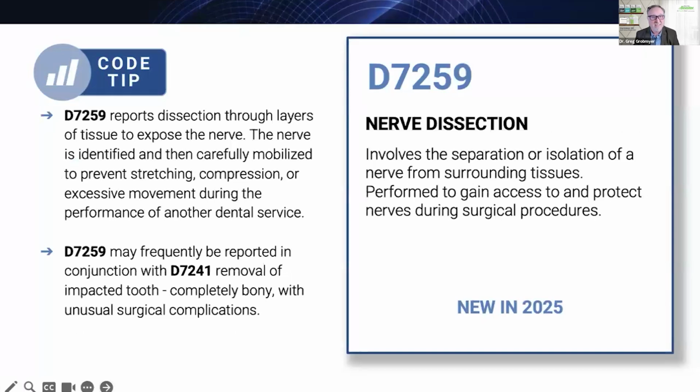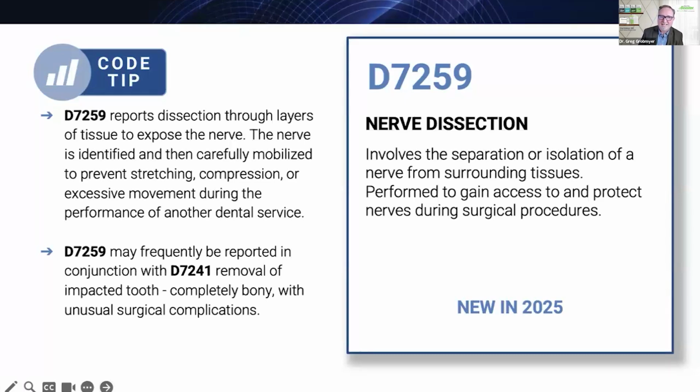Now, more than likely, GPs are probably not going to be doing a lot of this. This is more in the realm of the oral surgeon. But once you're aware of the change, this is when you've got a nerve that you're worried about causing damage to due to the invasive nature of a particular extraction.